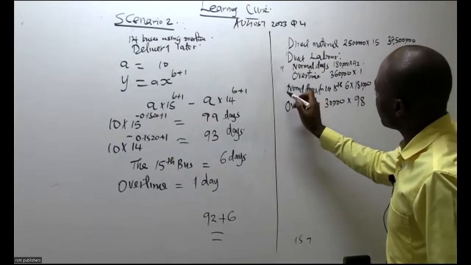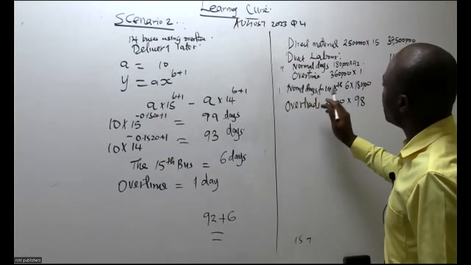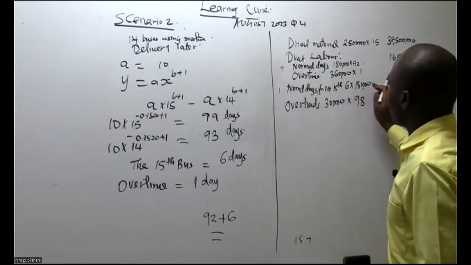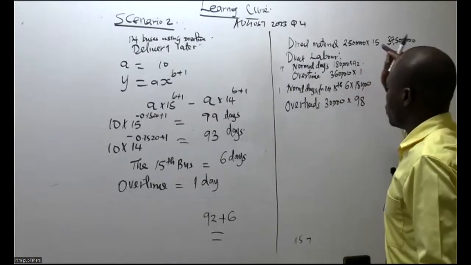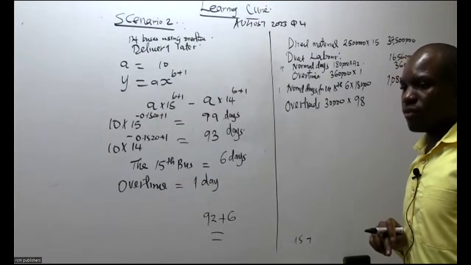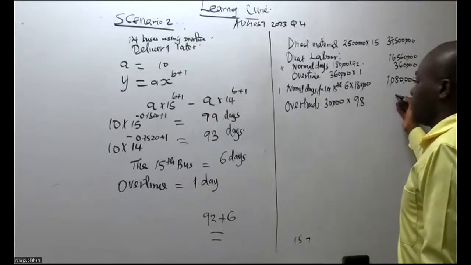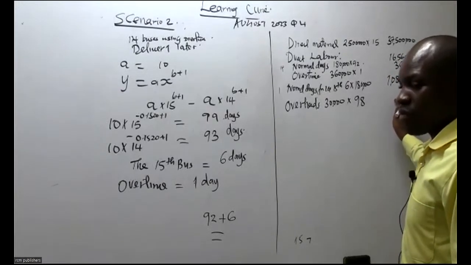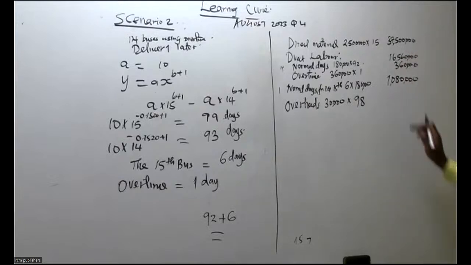The second one is this one bus, which I used 180. So add 6 plus 92. Is it not giving us 98? So give me the answer here. 98 by 30,000, how much will we have? Someone.